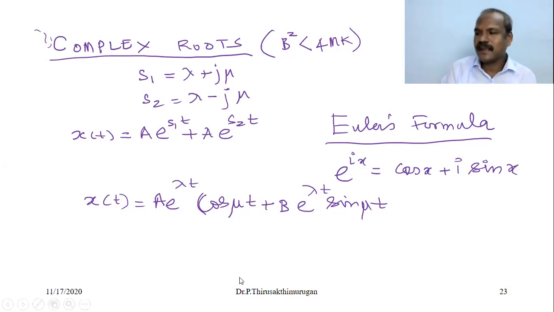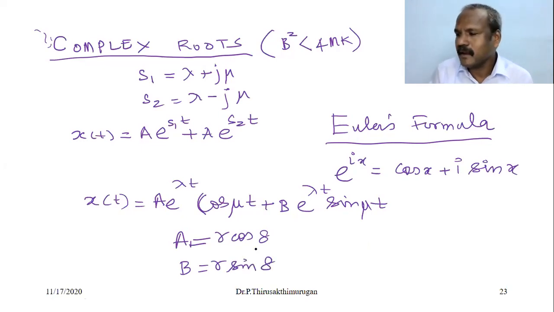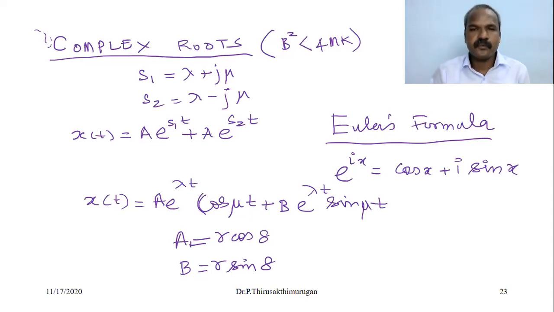So here, if we apply the previous conditions, we get a equal to r cos delta, b equal to r sin delta. So the coefficients a and b can be determined for any set of initial conditions, that is initial position and the velocity from the mechanical system.